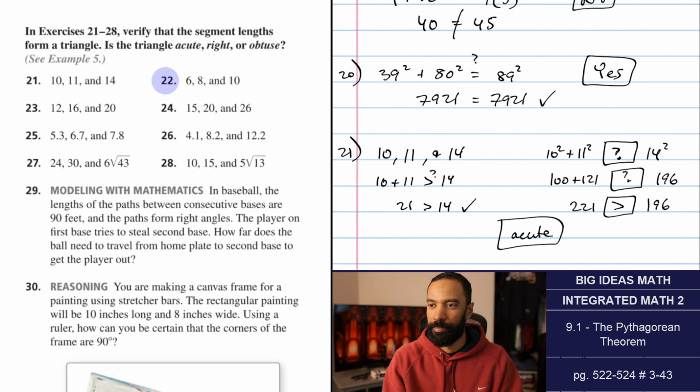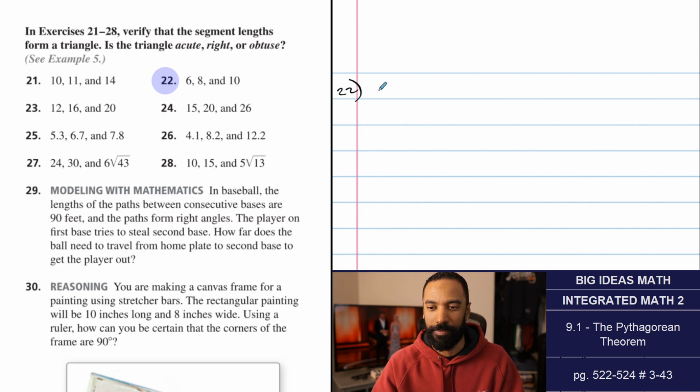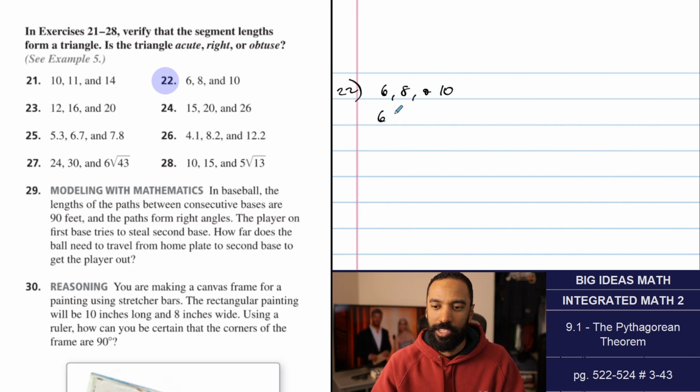Number 22. 6, 8, and 10. I can tell you everything about this thing right now. It's a 3, 4, 5 right triangle. 6, 8, and 10. Is 6 plus 8 greater than 10? Yep, that's 14. It is greater than 10. So we have a triangle.